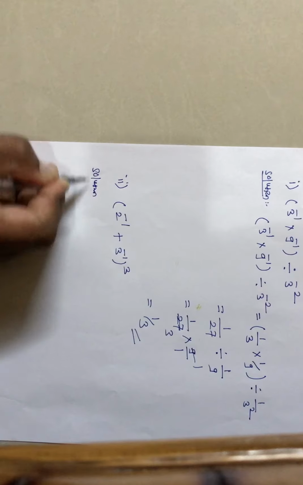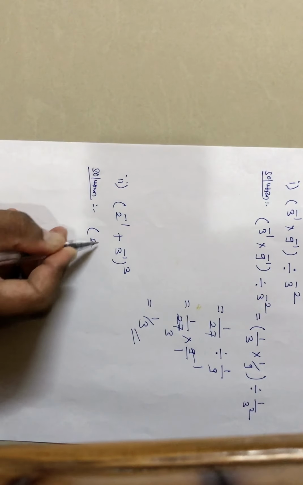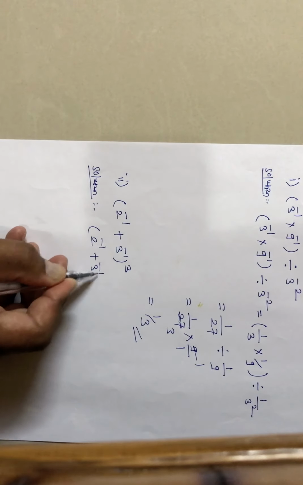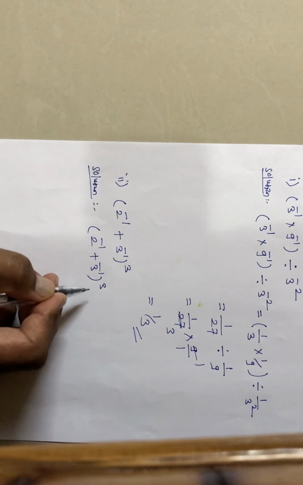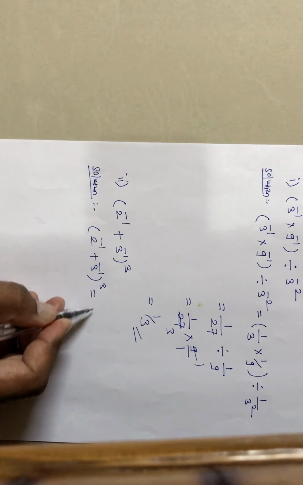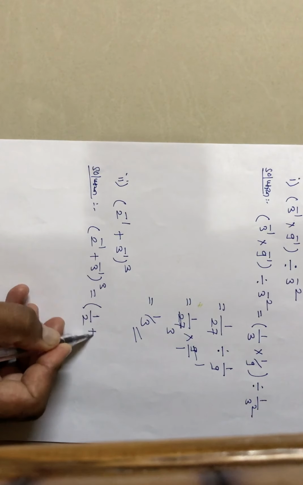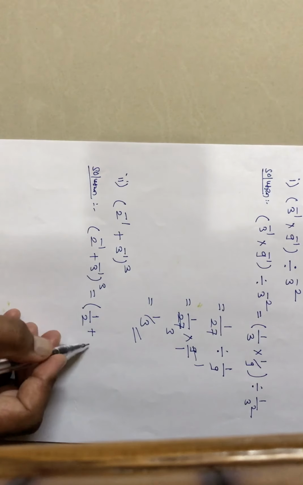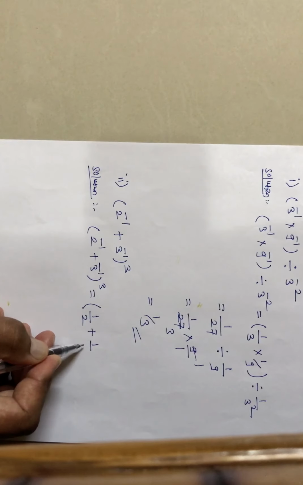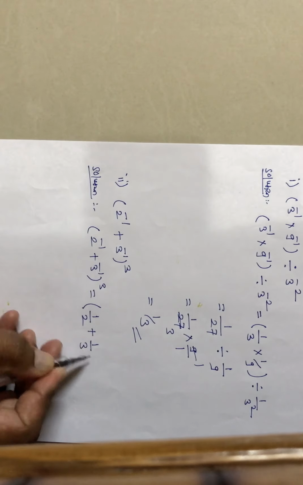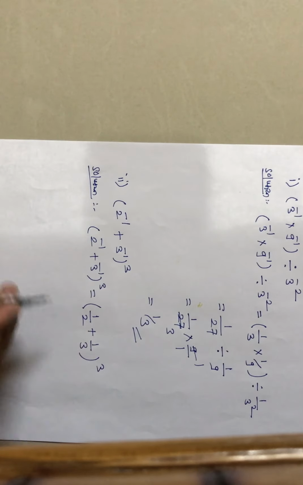Solution: 2 raised to minus 1 plus 3 raised to minus 1, raised to the bracket power 3, is equal to 2 raised to minus 1, so the reciprocal is 1 upon 2, plus 3 raised to the power minus 1, so the reciprocal of that is 1 upon 3, raised to the power 3.